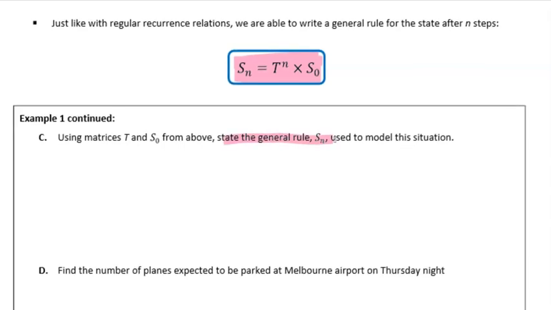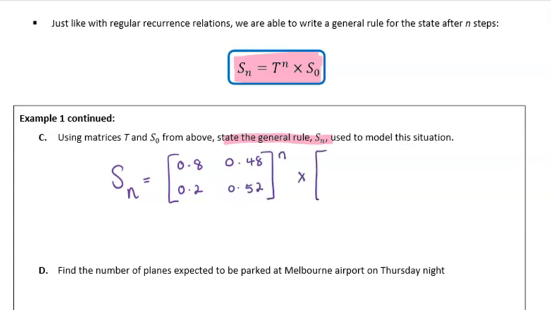State the general rule for Sn using our movement of planes between Melbourne and Sydney. So Sn would be given as T^n. So our transition matrix, we actually do want to write out the values of the matrix, not just the letter T, to the power of n, and we would multiply that by our initial values, so 60 and 35.